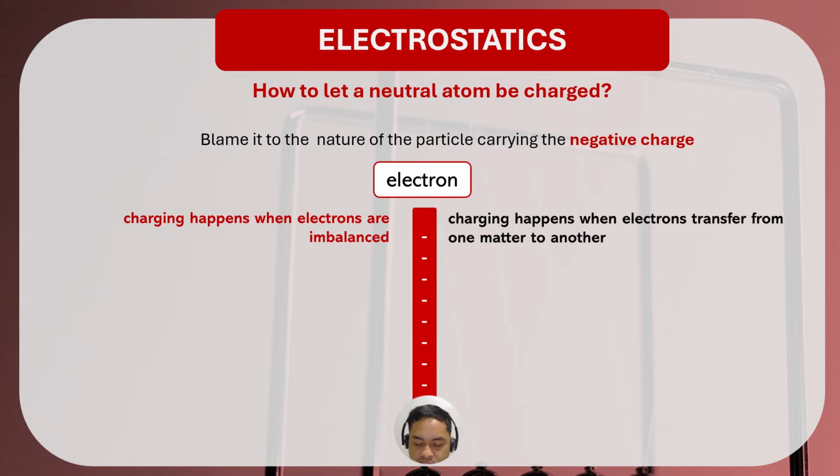And how will it become imbalanced? It is when electrons transfer from one matter to another. Always bear in mind that electrons are the subparticles that will be transferred from one atom to another.